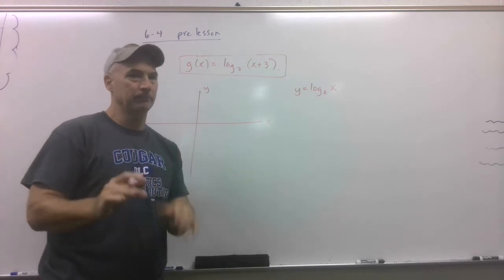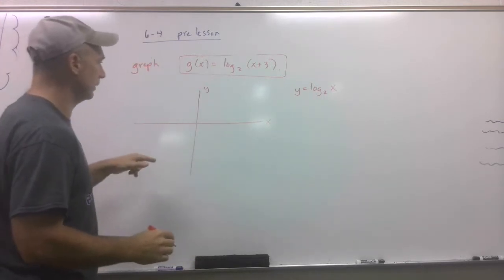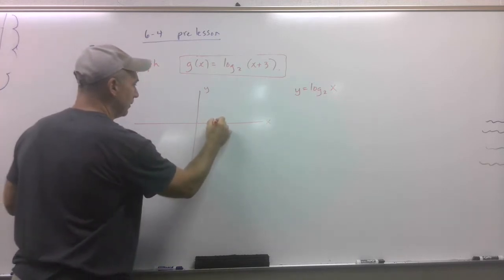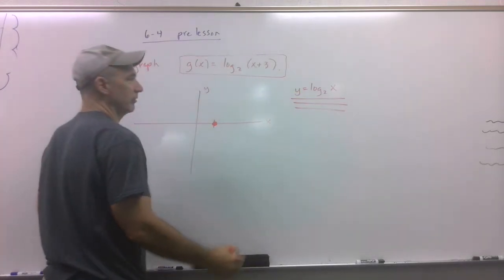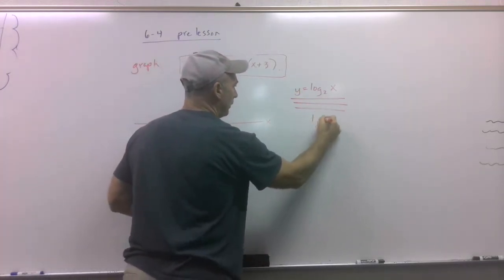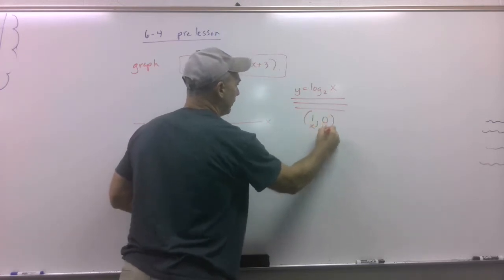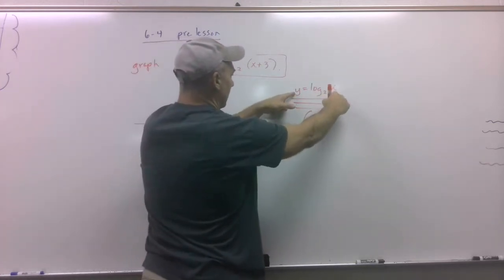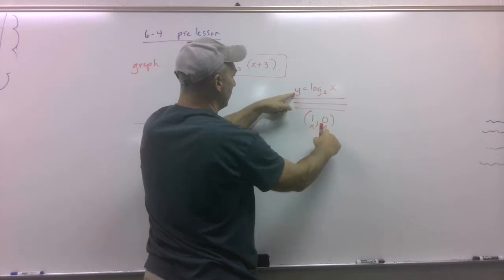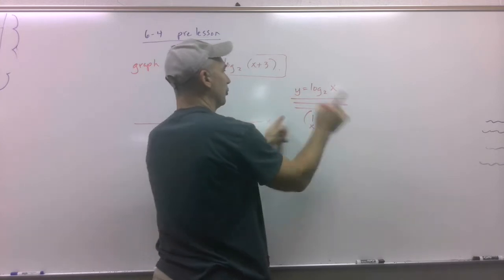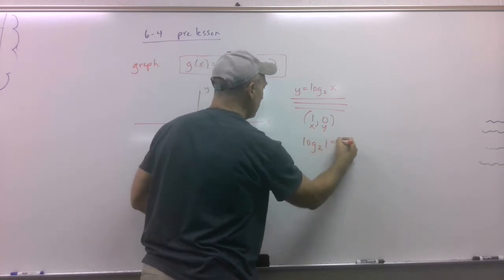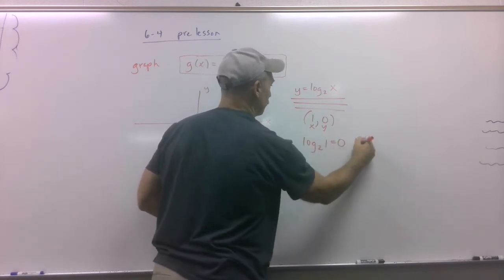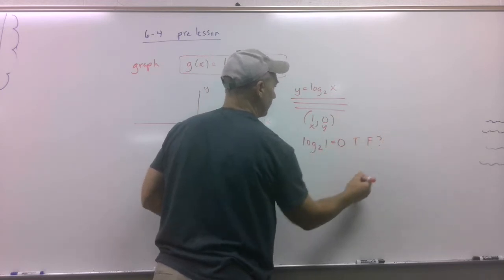No, if you've been listening, what we've been saying is, and I want to make this point very clear, that point right there, for the parent function in the logarithms, you should always check out 1, 0 and think about it. So if I looked at this and I said, let x be 1, y be 0, and I'm going to turn it around so it looks like what we've been dealing with, and I'm going to ask myself the question, is this true or is this false?